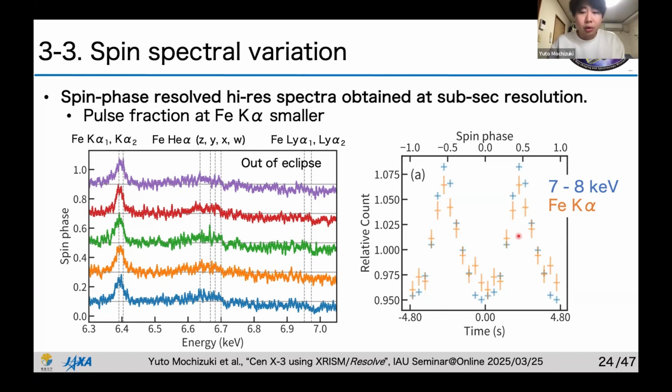The pulse fraction of iron K alpha is smaller than that of the 7 to 8 keV range. So it suggests that the line photons are spread over the phase and originate from a slightly extended region.